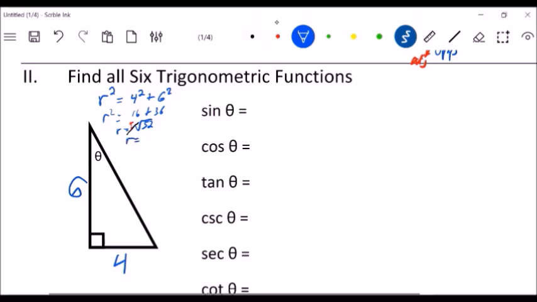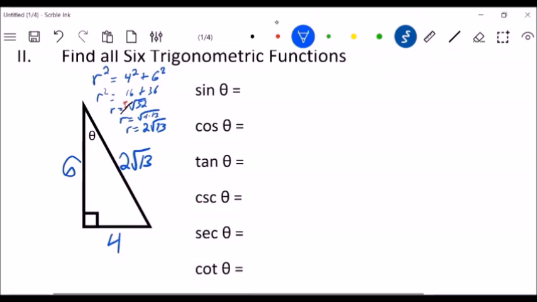Well, now, square root of 52 can be broken down as 4 times 13. So that means the actual correct result for the hypotenuse should be 2 root 13. And that's what we have here, 2 root 13.